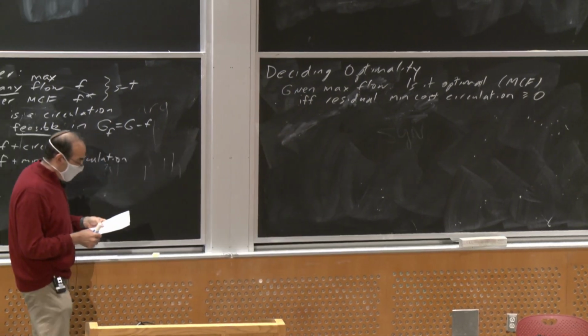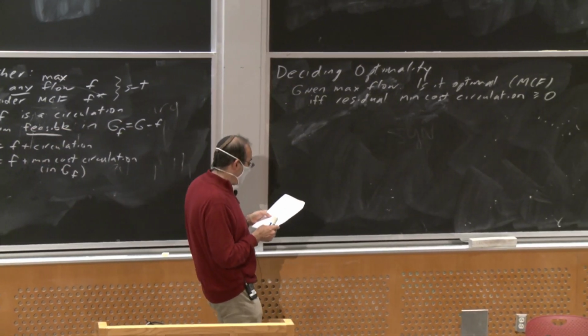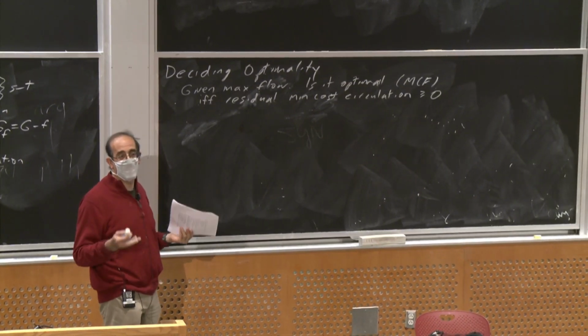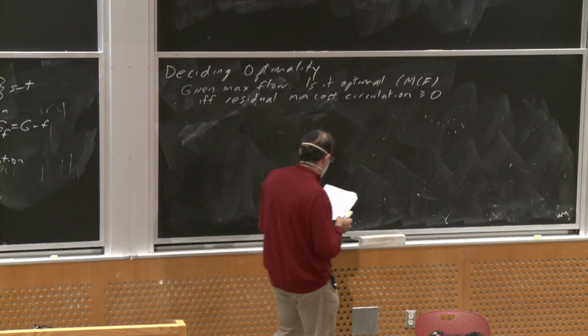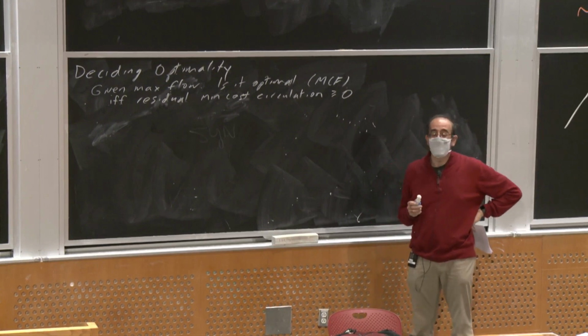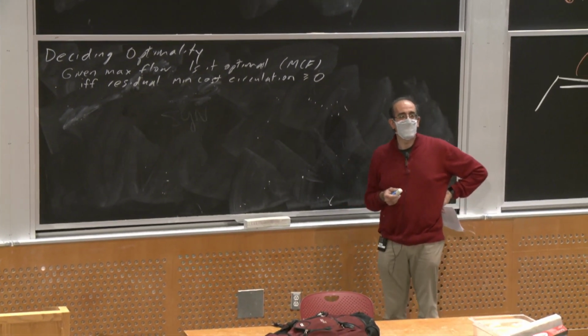Okay, so that is nice, but it's kind of hard to work with, right? We don't know how to find a min cost circulation yet, so it's not a very good step for verifying optimality. So can we simplify our verification in some way?